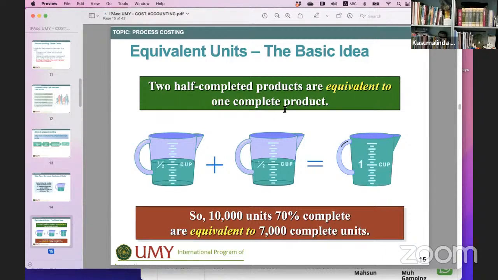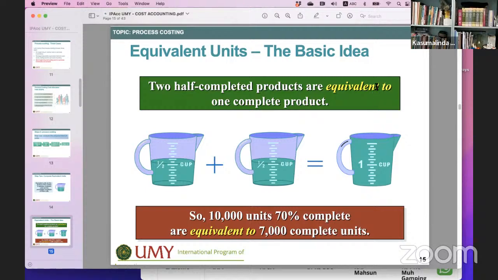So this analogy can be used if we have two half completed products. If we combine the resources that we already spent on these half completed products to work for only one product, the two half completed products are actually equal to one complete product. So that's why it is called equivalent unit.